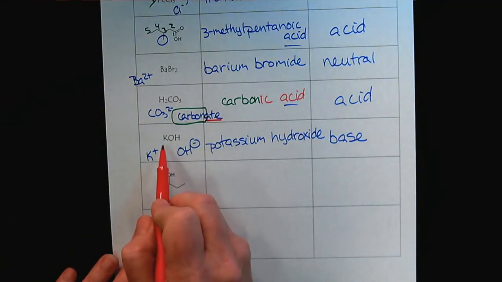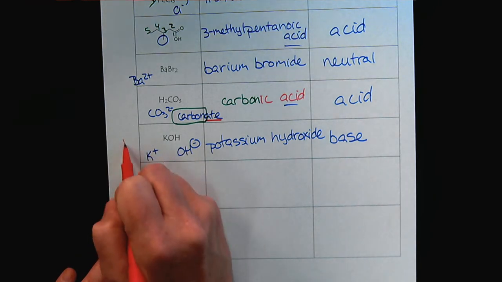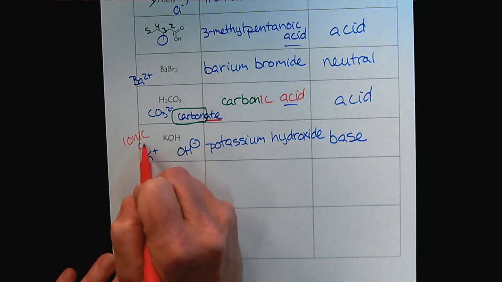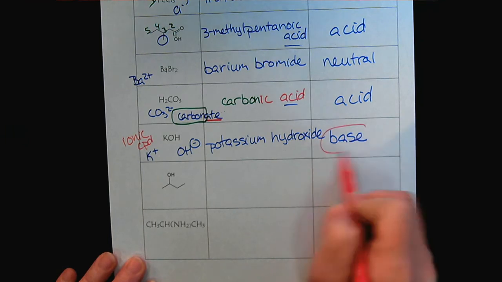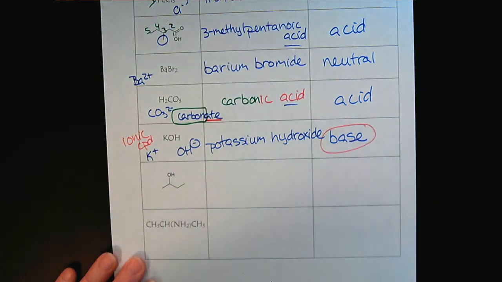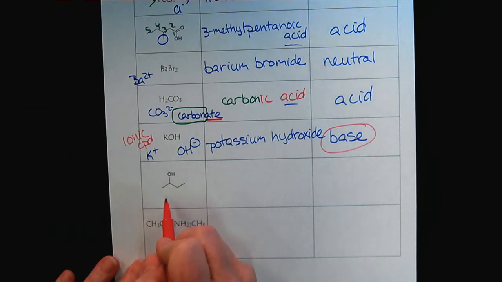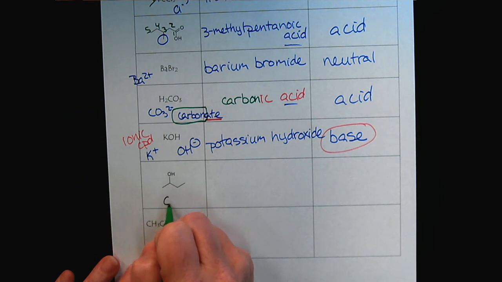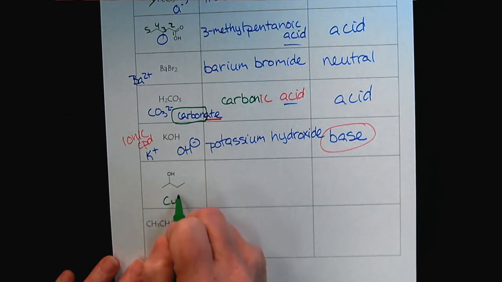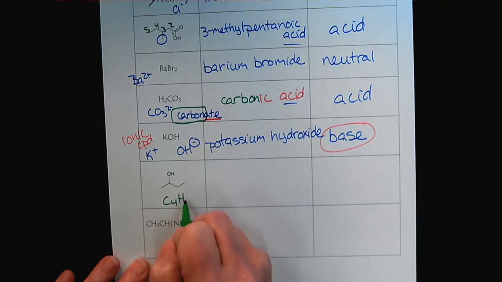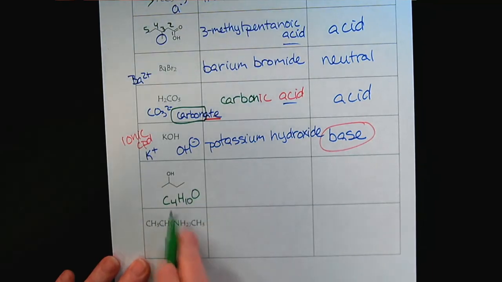Okay. Now, it's really important that we keep this distinction. Here, we have our cation and our anion. So this is an ionic compound, and because of its ionic nature, we describe it as a base. However, here, notice this compound. This compound has 4 carbons, 10 hydrogens, and an oxygen, right?